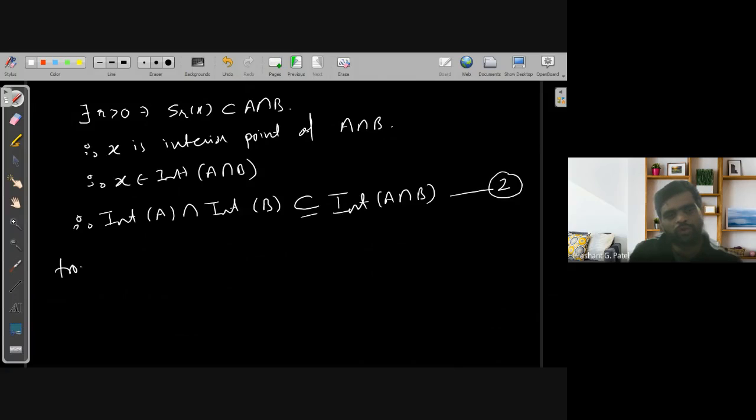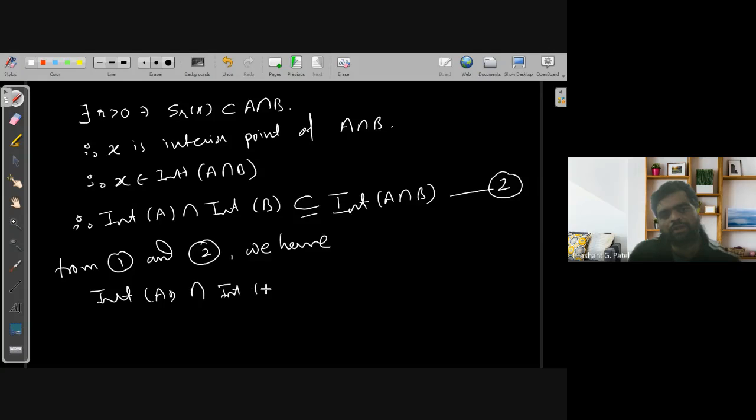So from 1 and 2 we have the interior of A intersection the interior of B is equal to the interior of A intersection B.